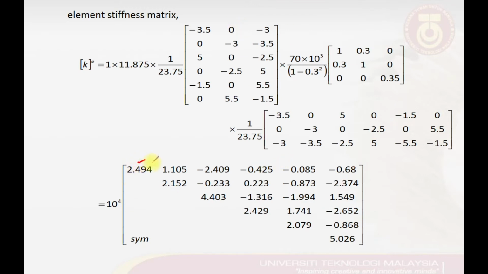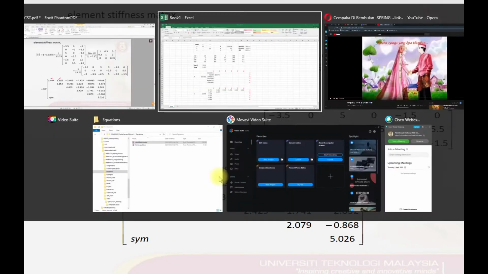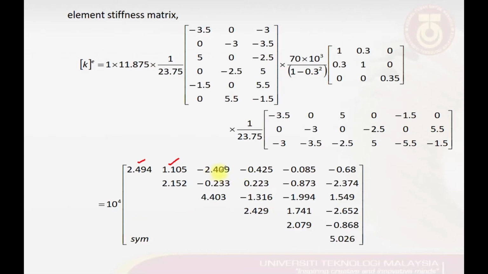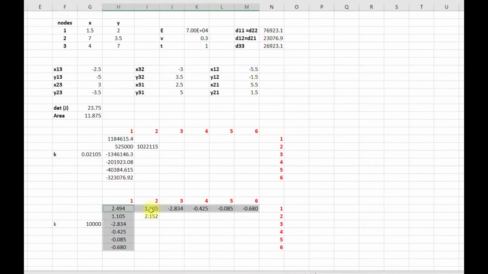So we have this number correct, this number correct. This number here should be -2834 instead of 2.409, and all the numbers here, as you can see, are correctly calculated at each address in our K matrix.